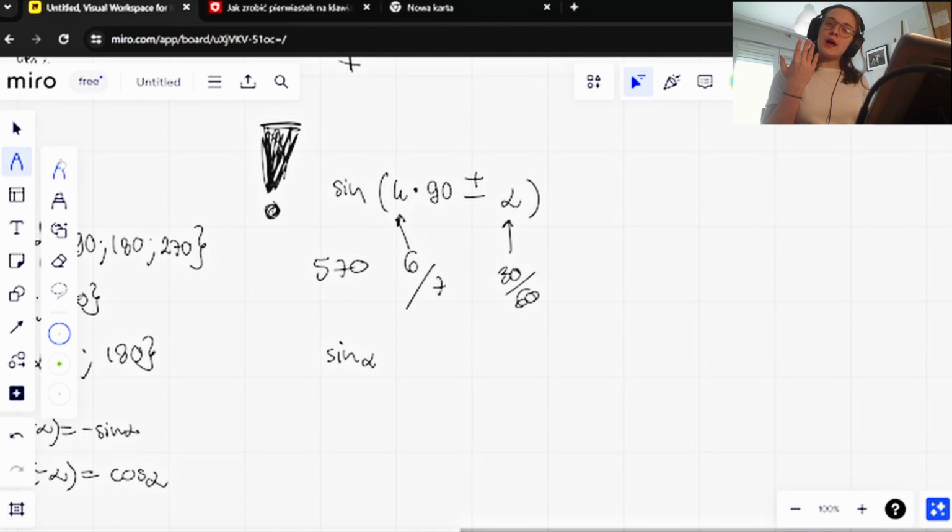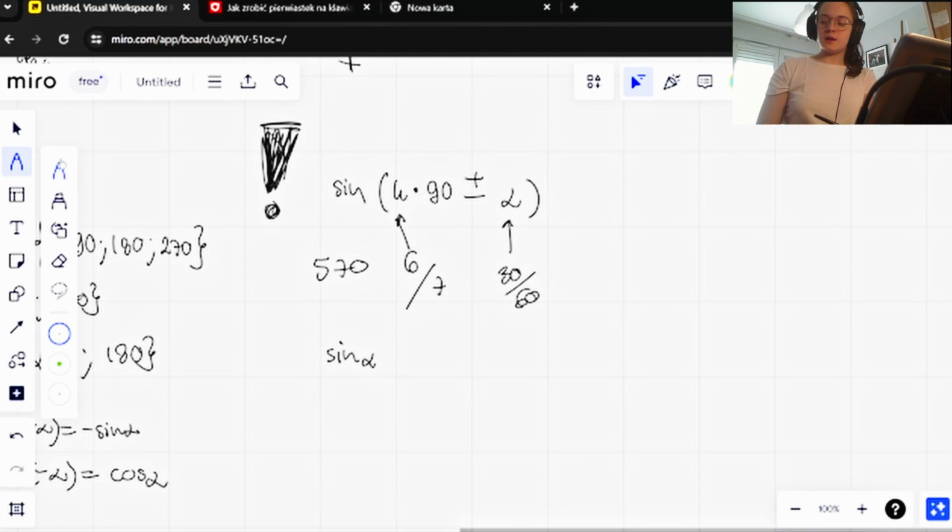If you have an angle larger than 360, you subtract 360, and count how many 360s you need to subtract to get into 360 territory.